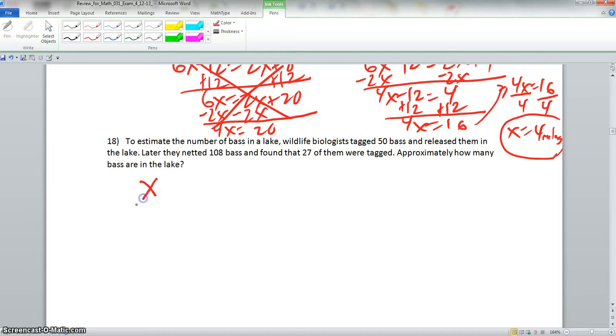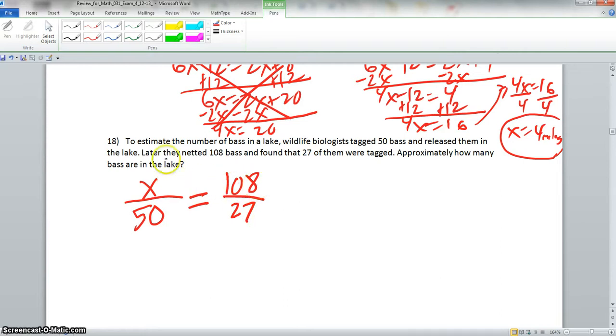We have the whole population, which we don't know. And we have 50 bass that we took out of that population. And we set that equal to our population was 108 that we took out, and 27 of them were tagged. So we had tag fish with tag fish, population with population.